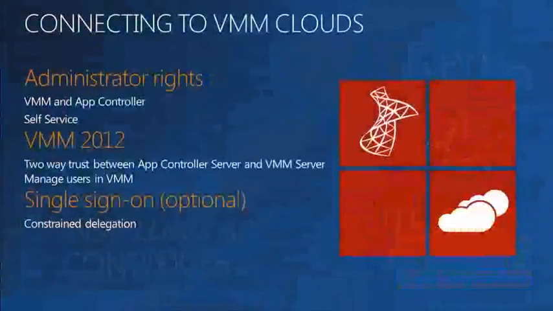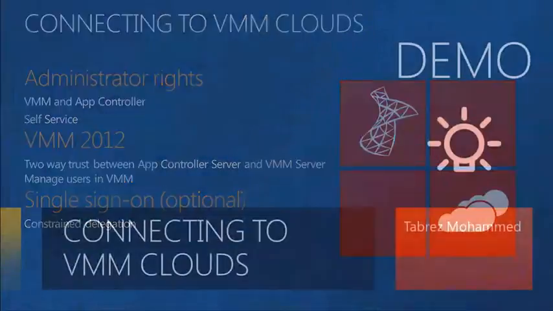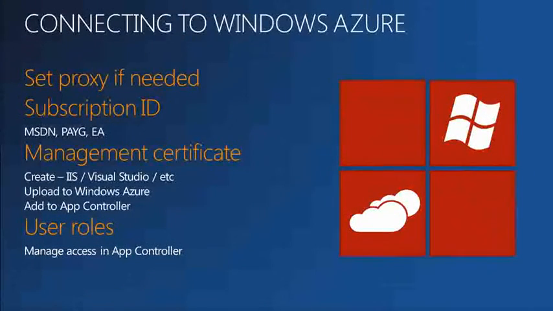The way that you talk to the Windows Azure management API is using a certificate authenticated channel. So what we need to do is actually go and create a secure channel for us to communicate through. And so what I'm going to do is go ahead and create a key, and I'm going to keep the private key side of it for uploading into App Controller, and I'm going to take the public key component and upload it into Windows Azure.